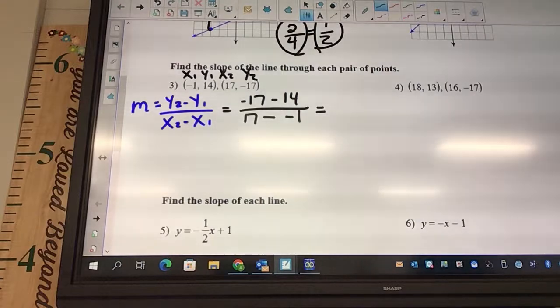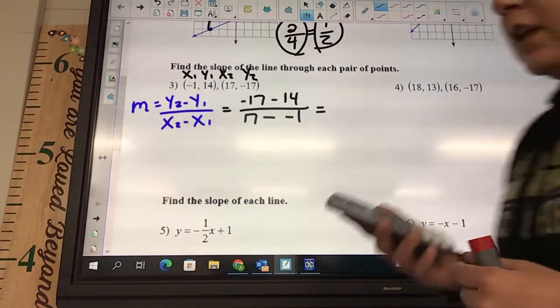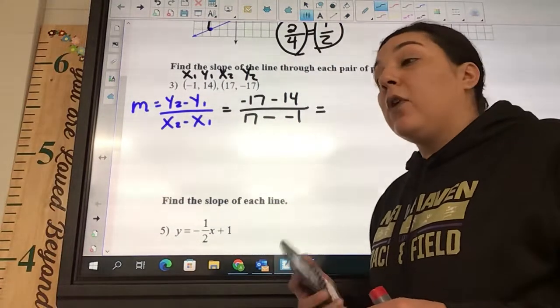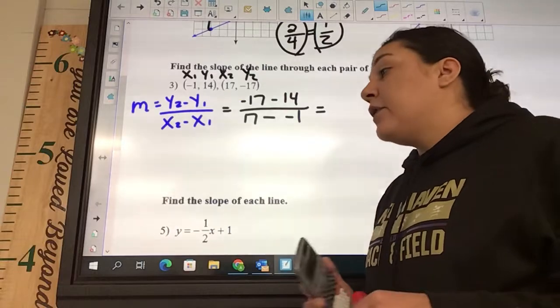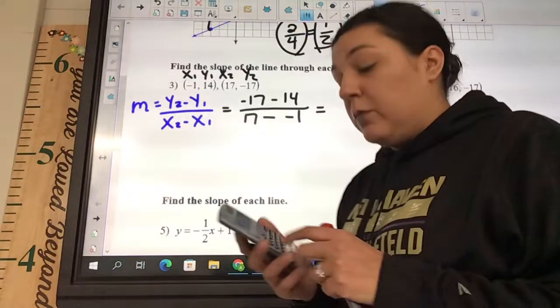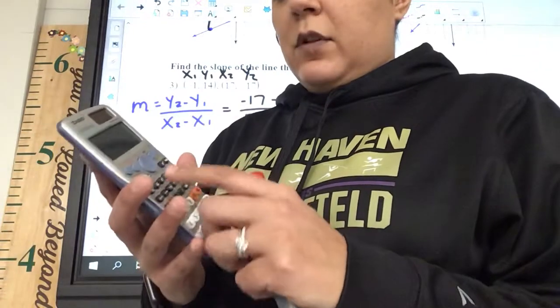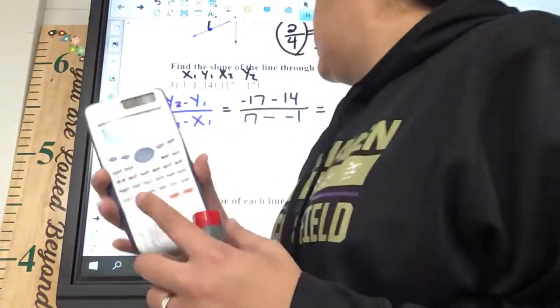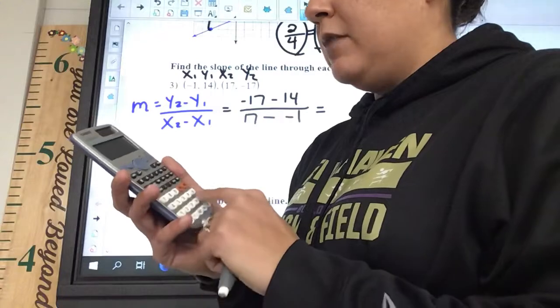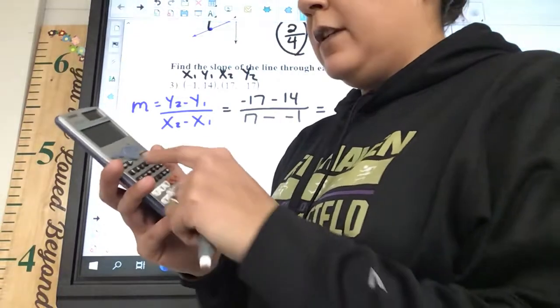My suggestion to you would be to use a calculator, and if you don't know how to use these, because you cannot use your phone or iPad during the test. No, you're not using it for a calculator. There's calculators in the room. You're going to hit the fraction button, and then you can type in the top, negative 17 minus 14.